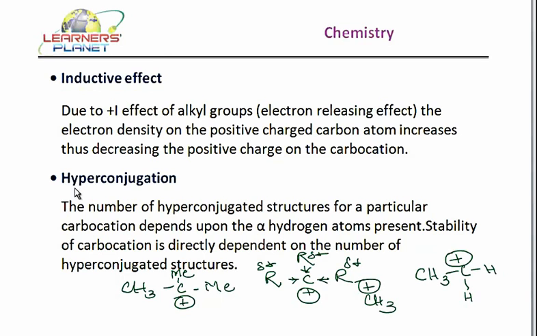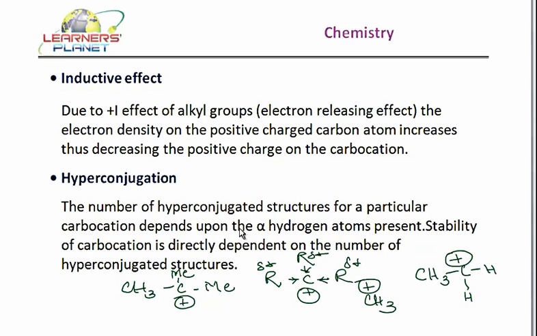Likewise, there is another thing, that is hyperconjugation. The number of hyperconjugated structures for a particular carbocation depends on the alpha hydrogen atoms present. Stability of a carbocation is directly dependent on the number of hyperconjugated structures. Now, what is hyperconjugation? In this case, what happens?